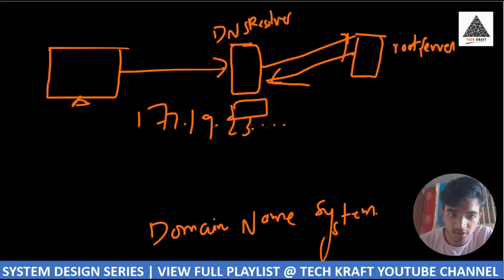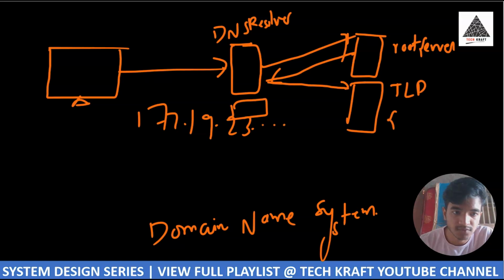Now the request is sent to the TLD server. This TLD server has the information about .com. Our website is techcraft.com, but it may be techcraft.in or techcraft.org, so it gives information about that .com.